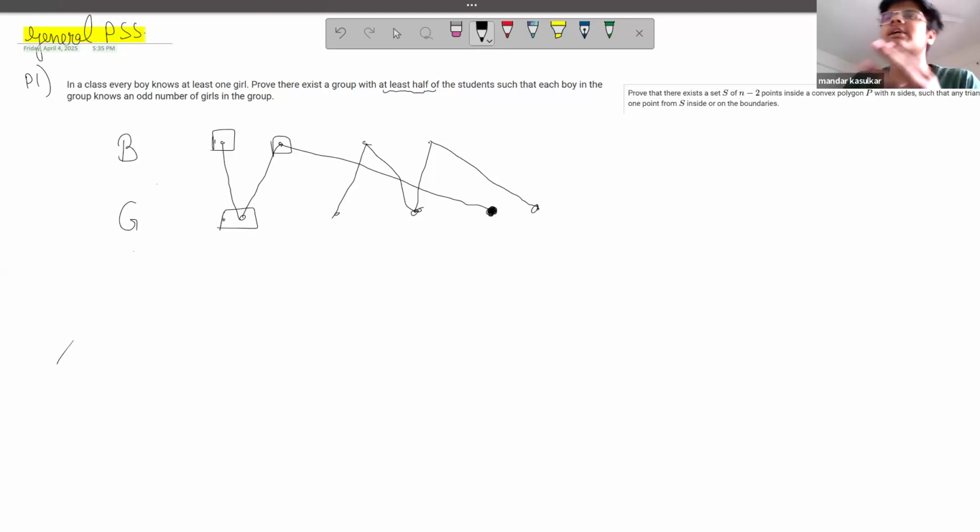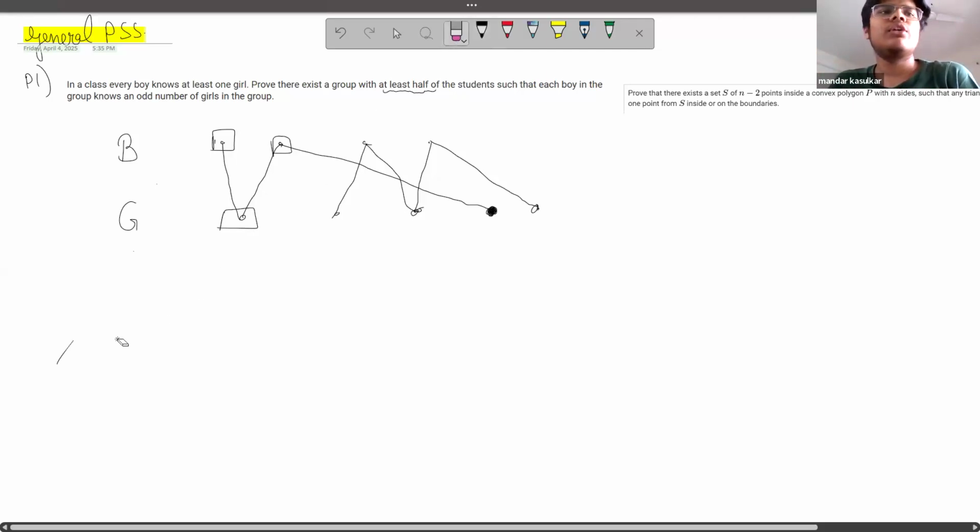Some part of that girl's neighborhood would be in the set that he chose, while some would not, and getting a good control over that is hard. I see. Okay. Usually you should try to look at objects which you have control over, because if you don't have control over it, you can't use it.